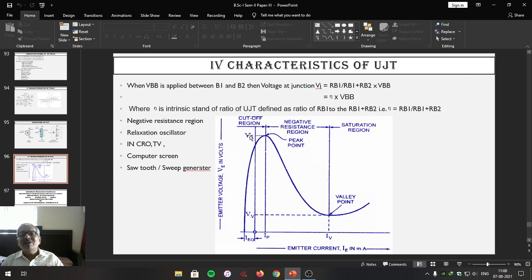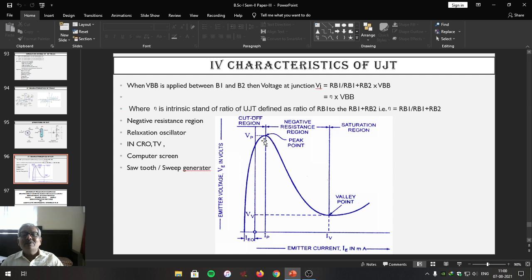For a particular voltage, that current seems to be a maximum. The point at which current is maximum, we can call it a peak point.